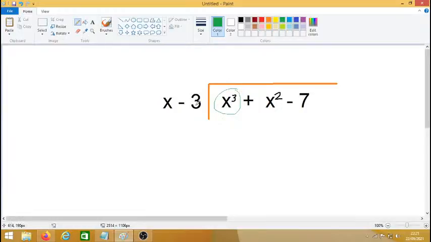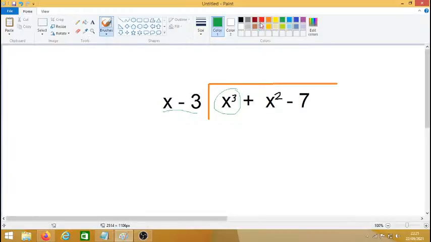In other words, what do I need to times the x minus 3 by to get something even close to x cubed? It doesn't have to be exactly x cubed, but the x part definitely has to be x cubed. So just think x take away 3 times what would make x cubed.